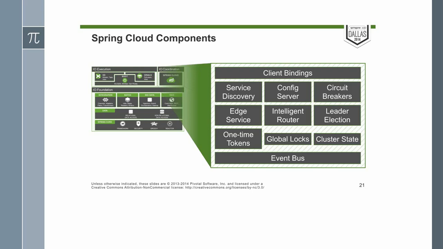For example, you can use Zookeeper for leader election in a cluster environment, or some other framework, for example etcd from CoreOS, for leader election in a cluster environment. And for intelligent routing, you can use Zuul, which I will discuss later.